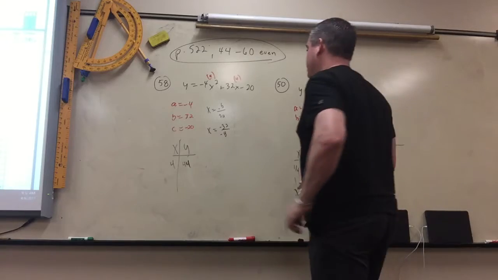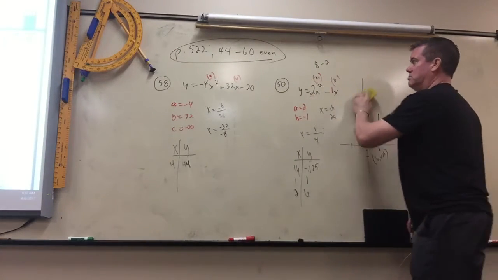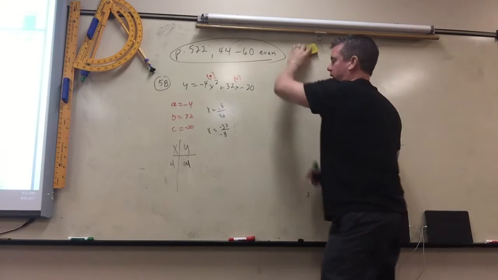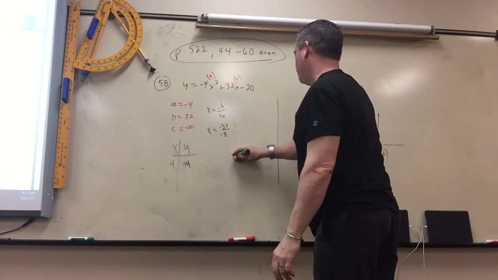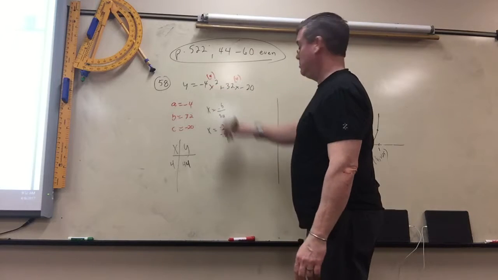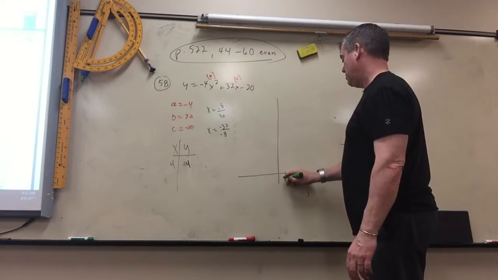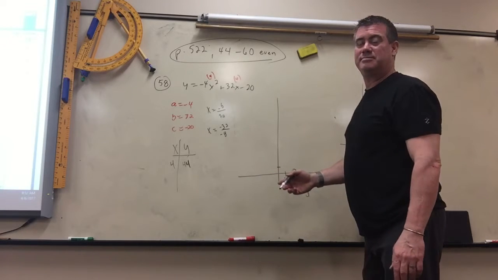So when we graph this, everyone have this one? The easiest thing to do would be to leave some room up top. This is going to open down. If you go by 4s, you would need 11 spots, yeah.